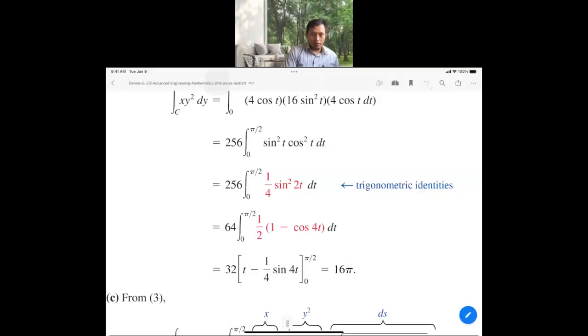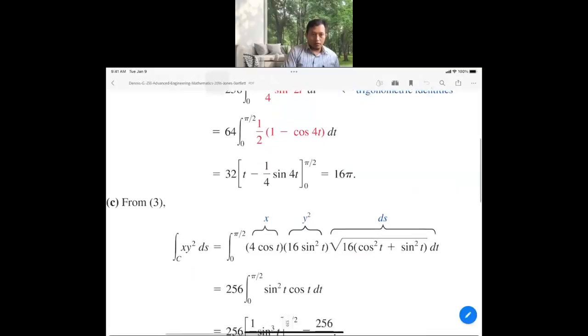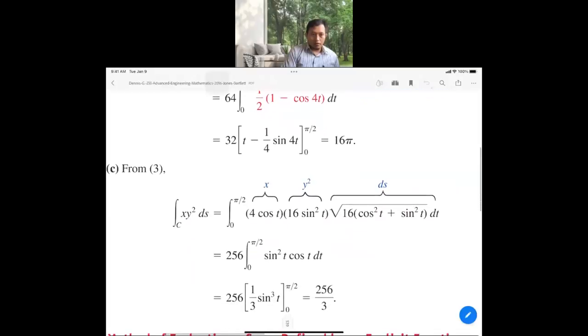Then sine squared 2t goes to, using the cosine double angle formula, and at the end you can simply evaluate using calculators. I think you can just get this 16 pi.